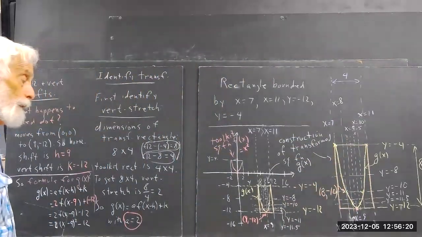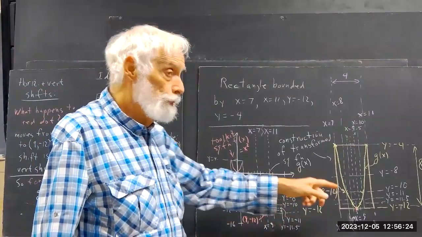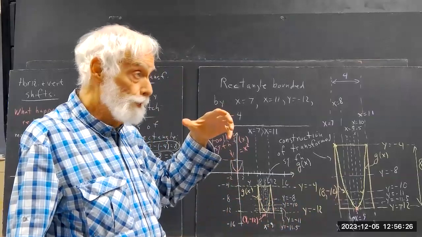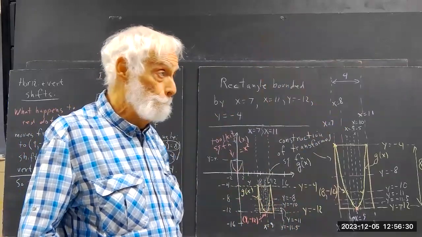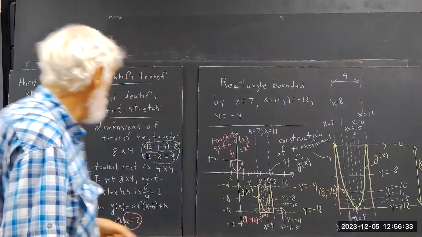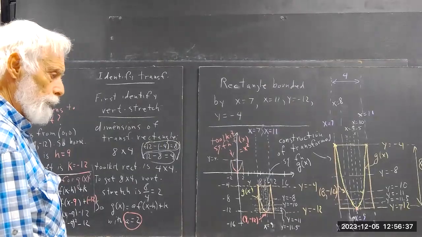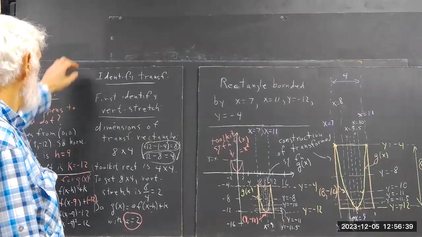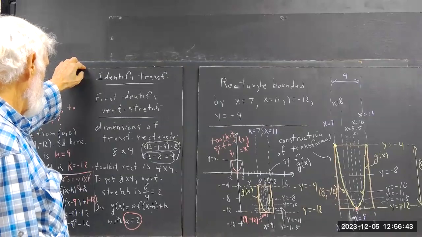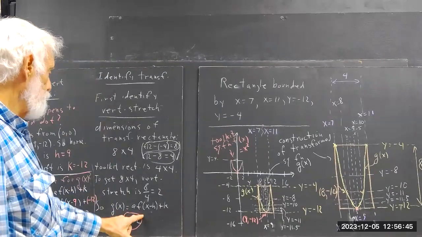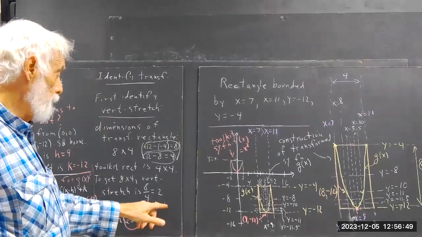Well, we know that we transform the toolkit squaring function by vertically stretching if necessary, and then horizontally and vertically shifting. And that gives us the equation of the form g of x equals a f of x minus h plus k.